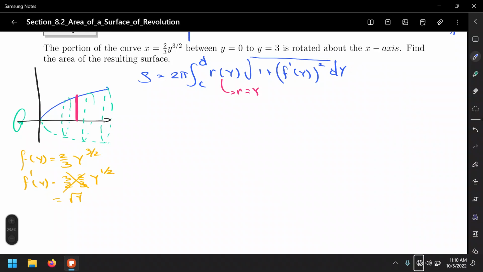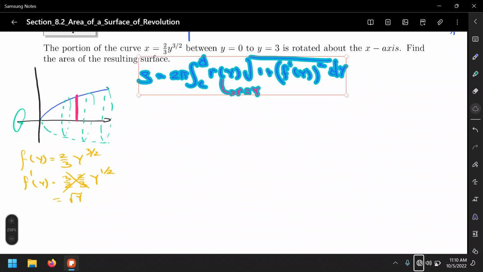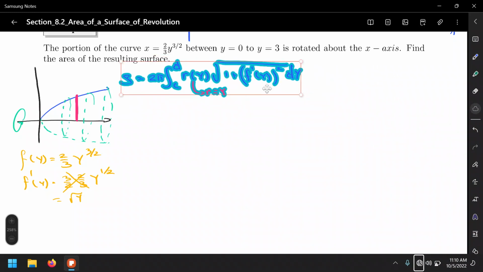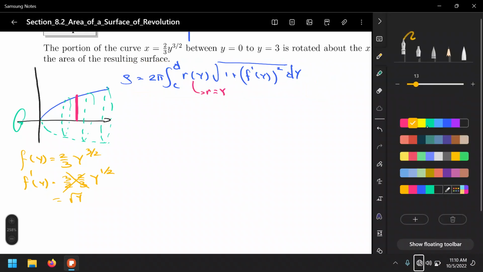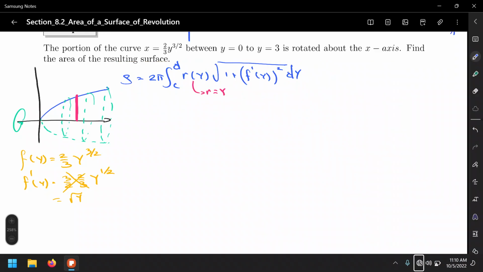Alright, so number 1, let's write down our integral, and make some space. This will become 2 pi, the integral from c to d, in this case from 0 to 3, of y times the square root of 1 plus the derivative of the given function, which we got to be the square root of y, quantity squared, dy.